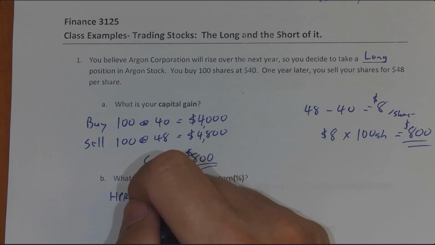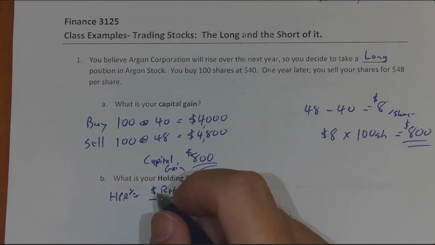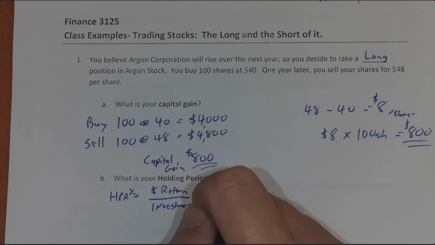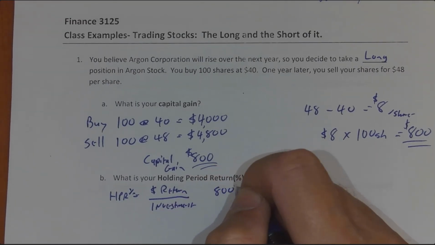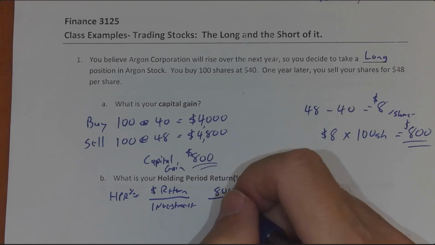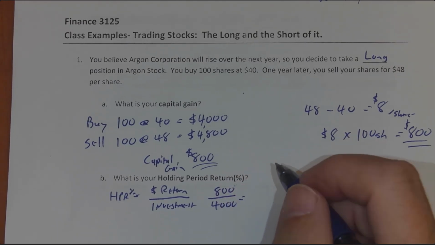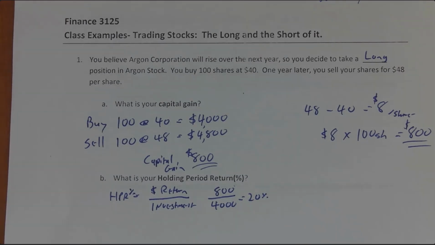Holding period percent return is equal to the dollar return divided by our investment. So in this case, we had a dollar return of 800 divided by our investment of 4,000. And that's going to equal 0.20 or 20%.